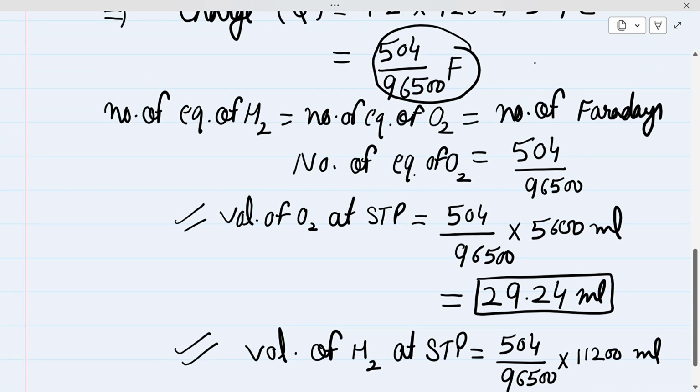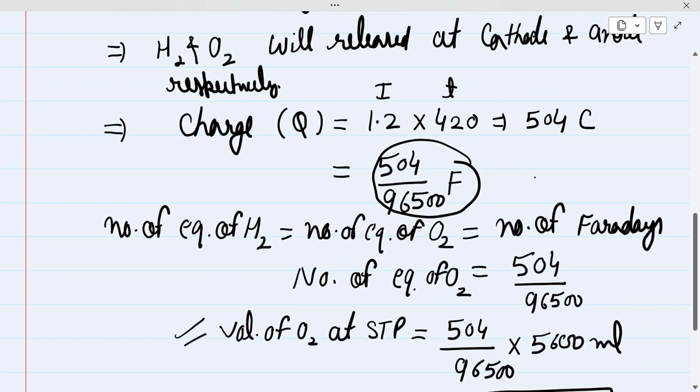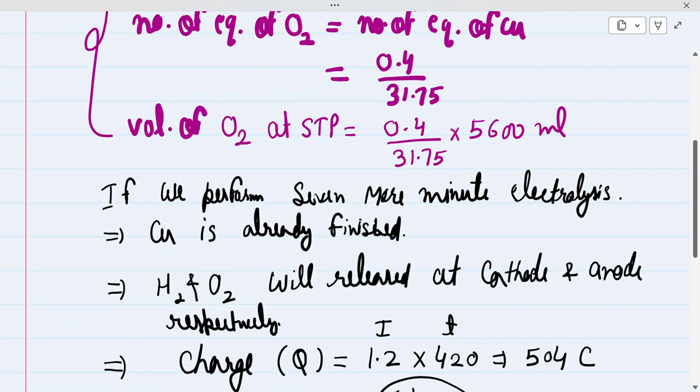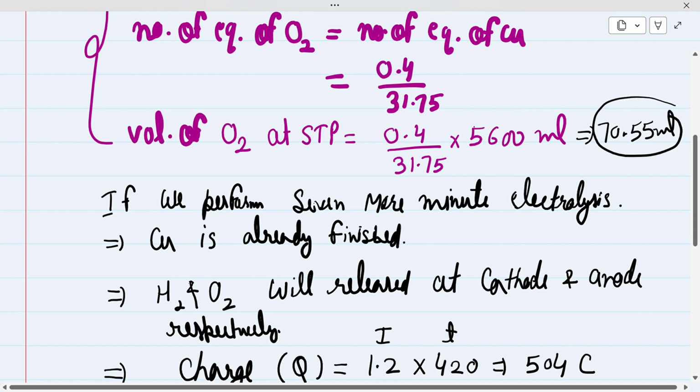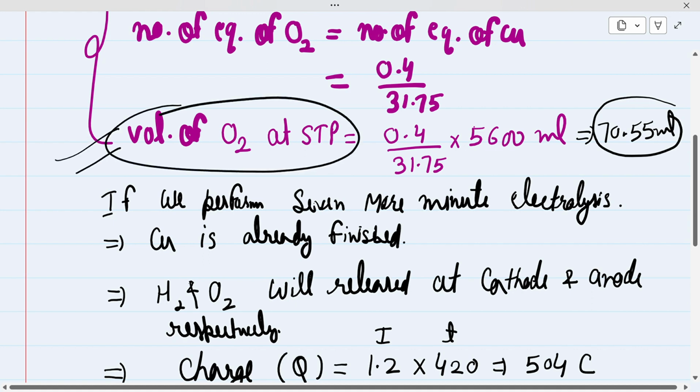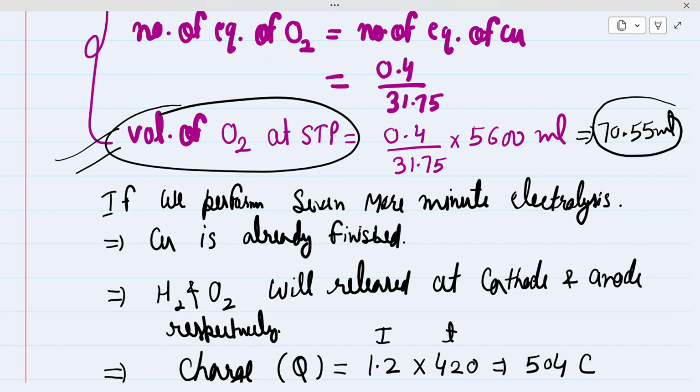Hence, in the first stage, when copper is present, the volume of O2 will be 70.55 ml at STP.